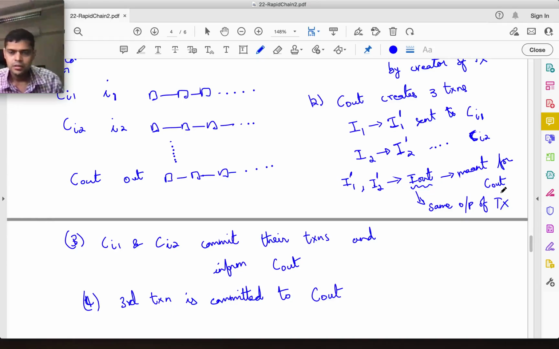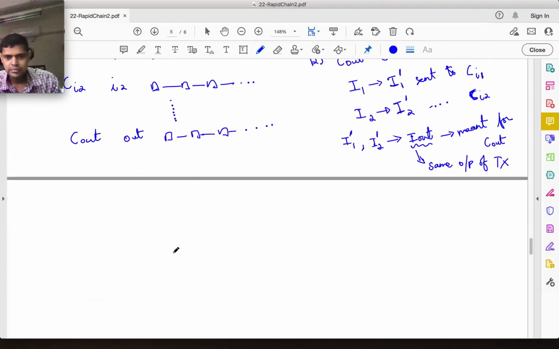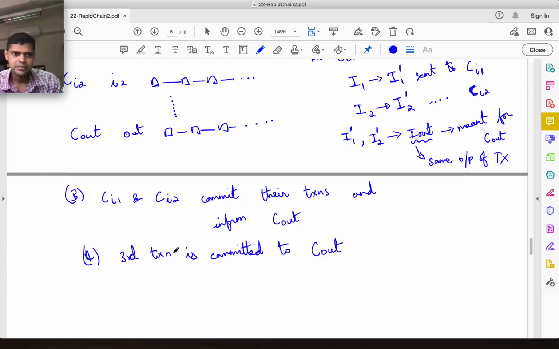Okay, so what I didn't see in the paper is what happens if this breaks halfway, right? So suppose this one commits but not this one, then what's going to happen? Is there a way to roll back or something like that? So there should be such a mechanism, but I didn't see the reasoning given. Maybe it's hidden somewhere in a very large paper.